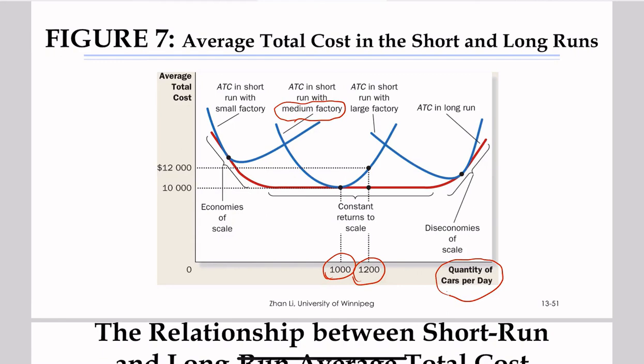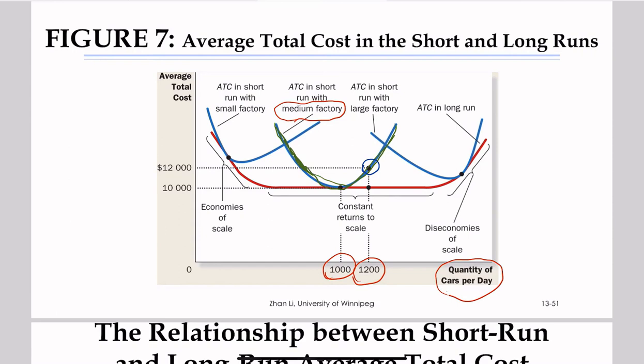So it will have to stick to this short run ATC curve, right? If the firm has to be on this short run ATC curve, then as the firm increases from 1,000 to 1,200, the firm will have to pay this cost. That is $12,000, right?